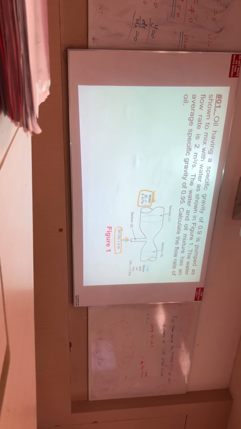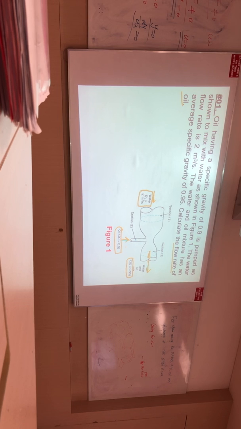The water flow rate is given as 2 meter cubed per second. The water and oil mix at that position, right? And finally the mixture is the exit fluid, and the specific gravity of that fluid is 0.95. That means the density is different, right? Different specific gravity means different density. Now they tell you to calculate the flow rate of oil.